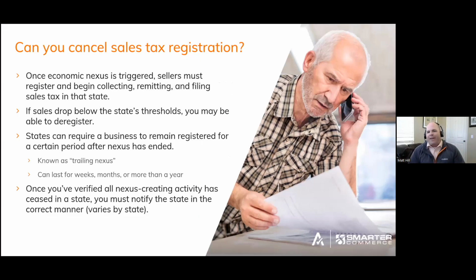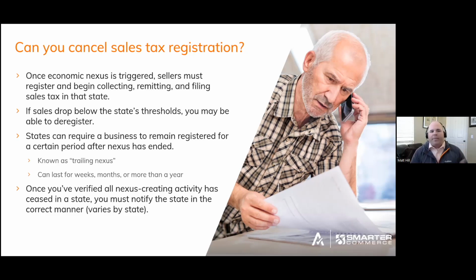One of the things I often hear from clients is, well, I've triggered nexus for 1 year, but that was a one-off sale, and can I register and deregister throughout the process? The answer to that is it depends, and there are rules associated with that. So typically, you can see in the third bullet point, states have this concept known as trailing nexus.